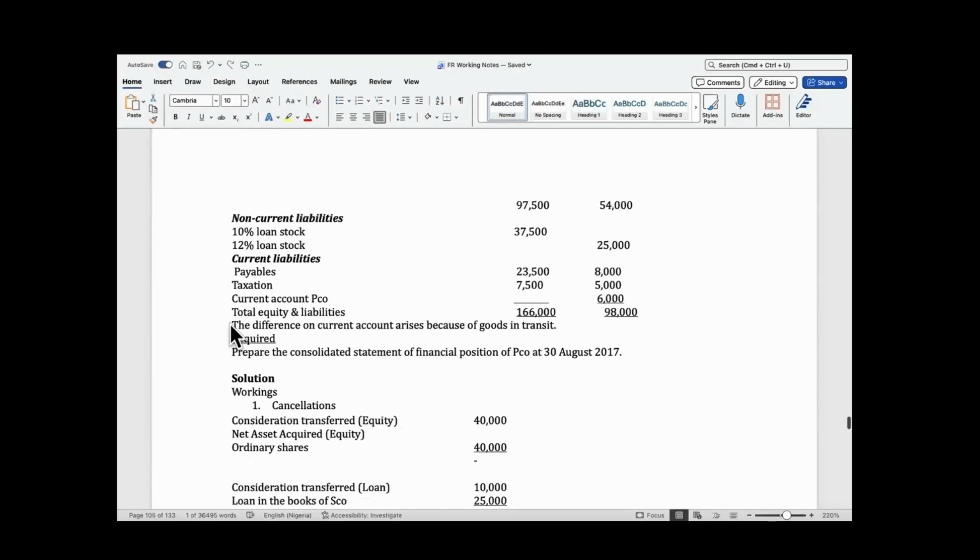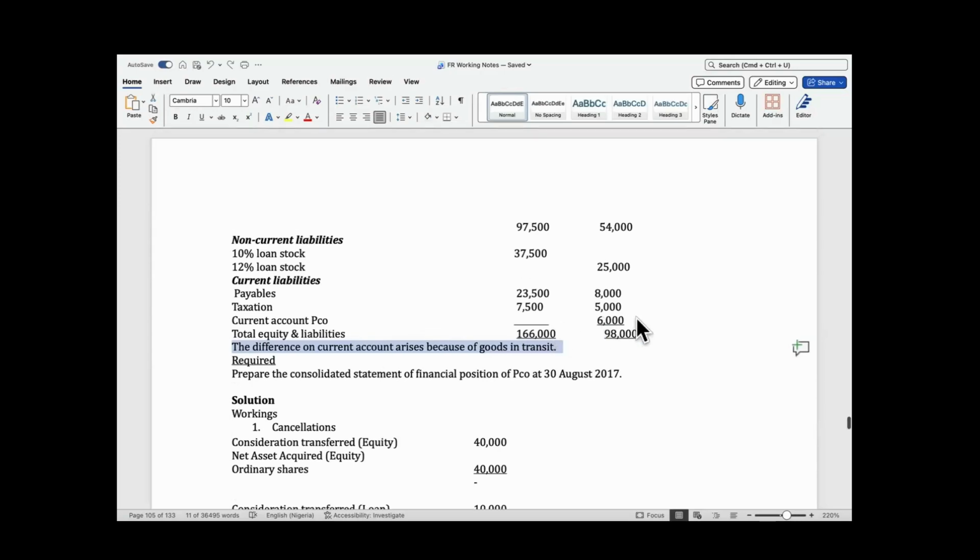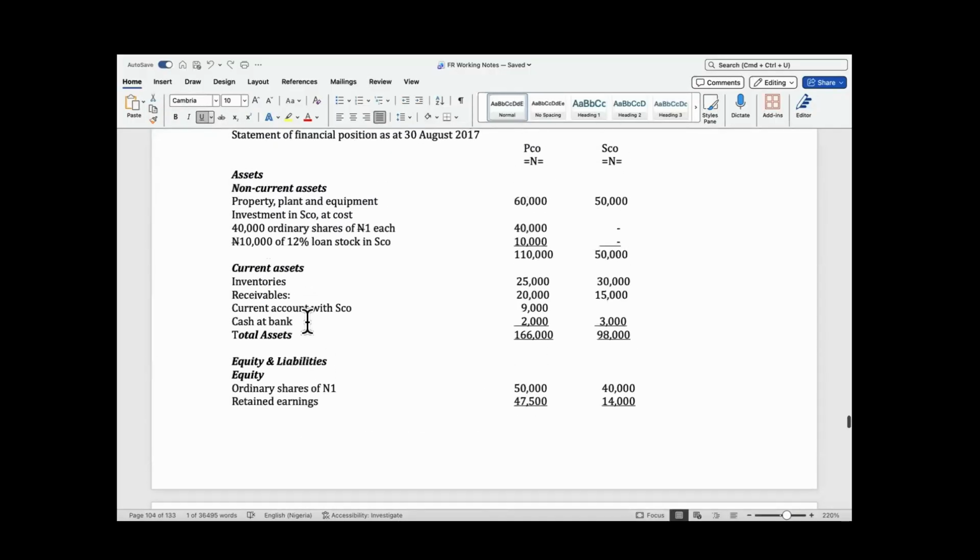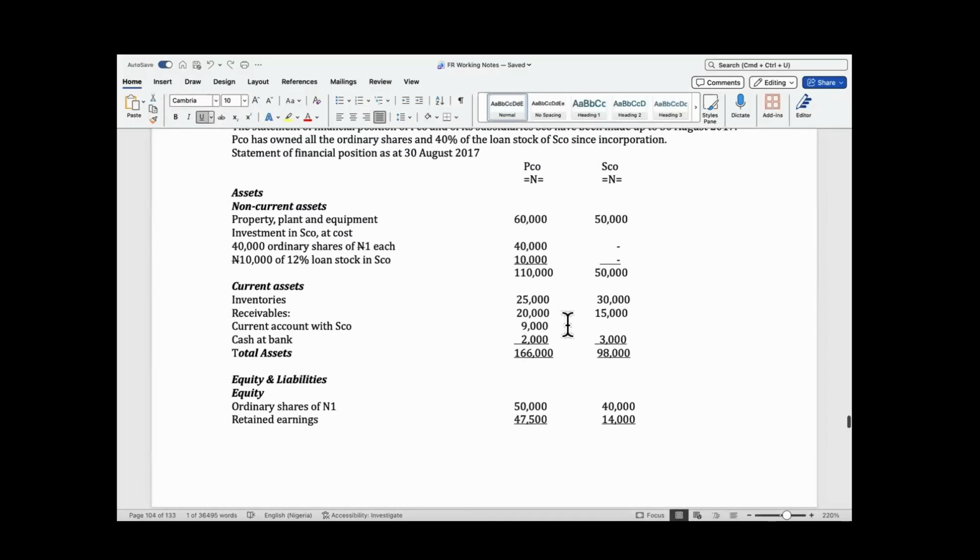And they told us that the difference on current accounts arises because of goods in transit. If I want to explain it, for this guy to have a liability of 6,000 to Pico is showing that I'm owing you 6,000, Pico, but Pico has an asset of 9,000, meaning Pico is saying you are owing me 9,000.